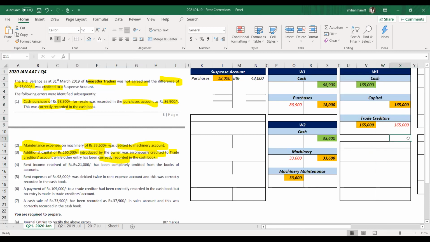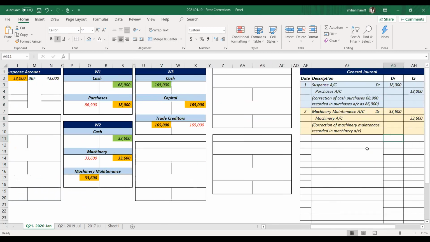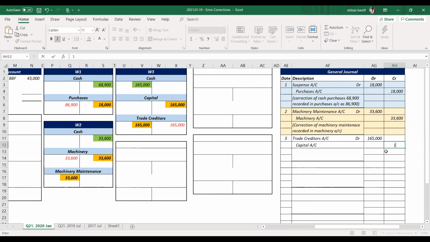Okay. Then let's record this in the general journal. Number 3, correction entry. Trade creditors account is debited 165,000. Capital account. You don't need to say additional capital, it's capital account. Capital account credit.